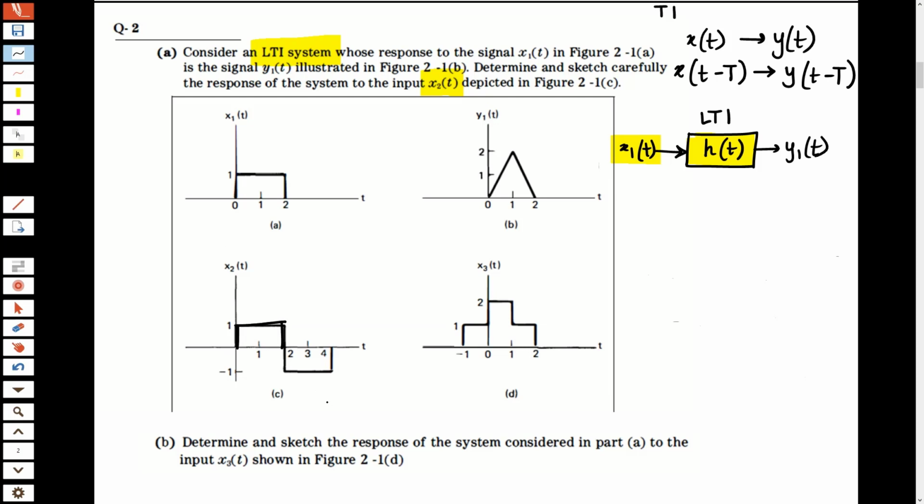This is x1t, and this part is what you get when you shift x1t by 2 units and then multiply it with 1. That means this signal in red would be x1t minus 2. And if I was to multiply this with minus 1, this would mean minus x1t minus 2.